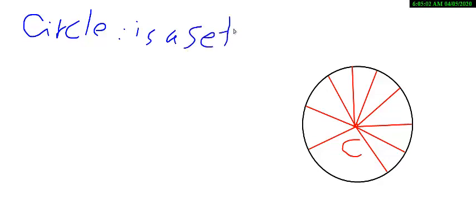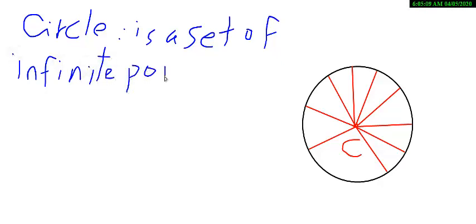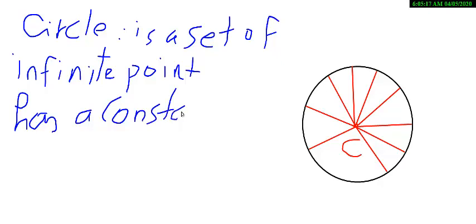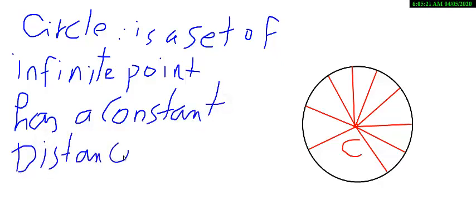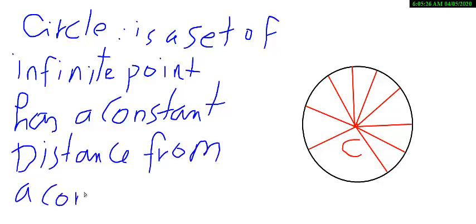The circle is a set of infinite points that has a constant distance from a constant point.